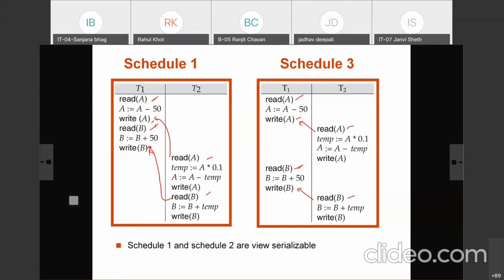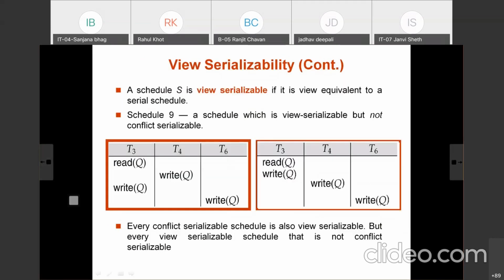Here T2 performs the last write A and last write B. Here also T2 performs the last write A and last write B. Means the value which is stored in the database is whatever is written by T2. And that's why schedules 1 and 2 are view serializable.